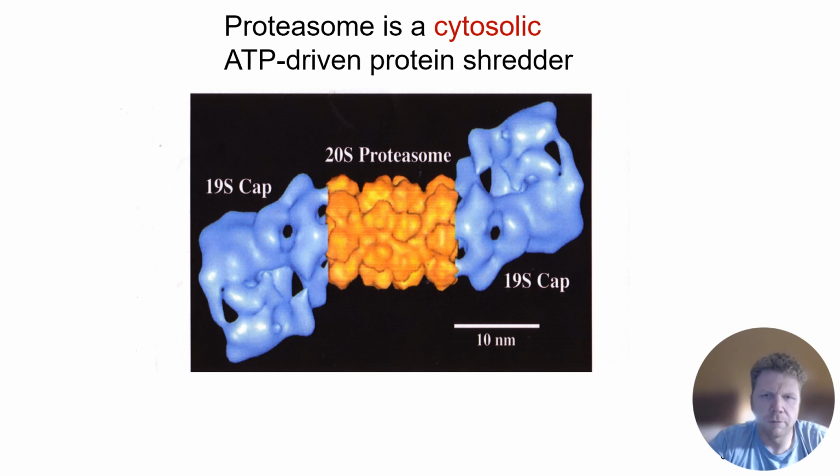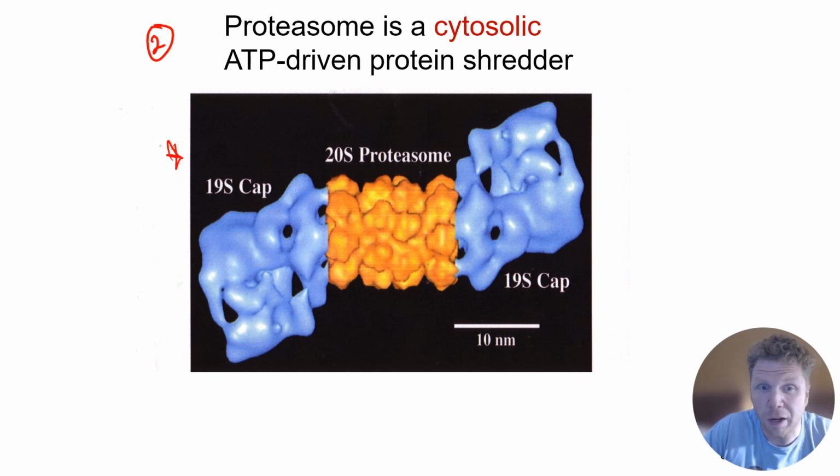Now, another type of proteolytic degradation, I would say that lysosomal is number one, this would be number two, is our proteasome. Now, proteasomal degradation is a little bit different from lysosomal degradation. For starters, proteasomal degradation is driven by this protein complex right here.